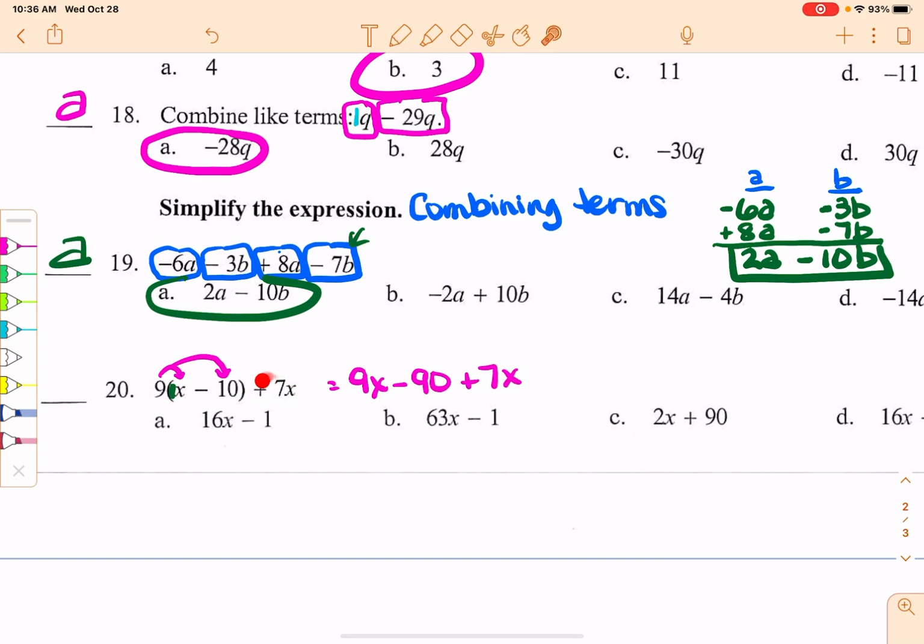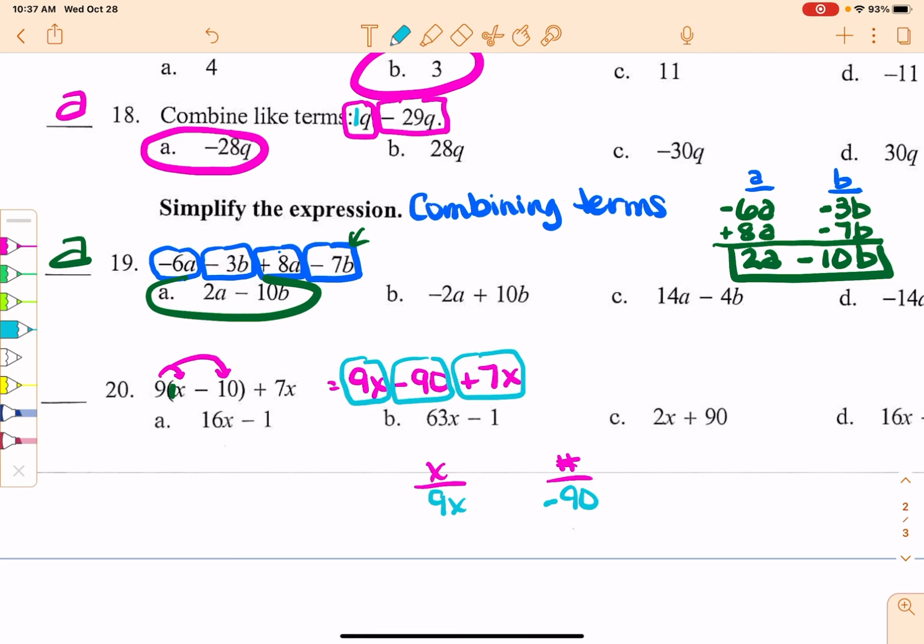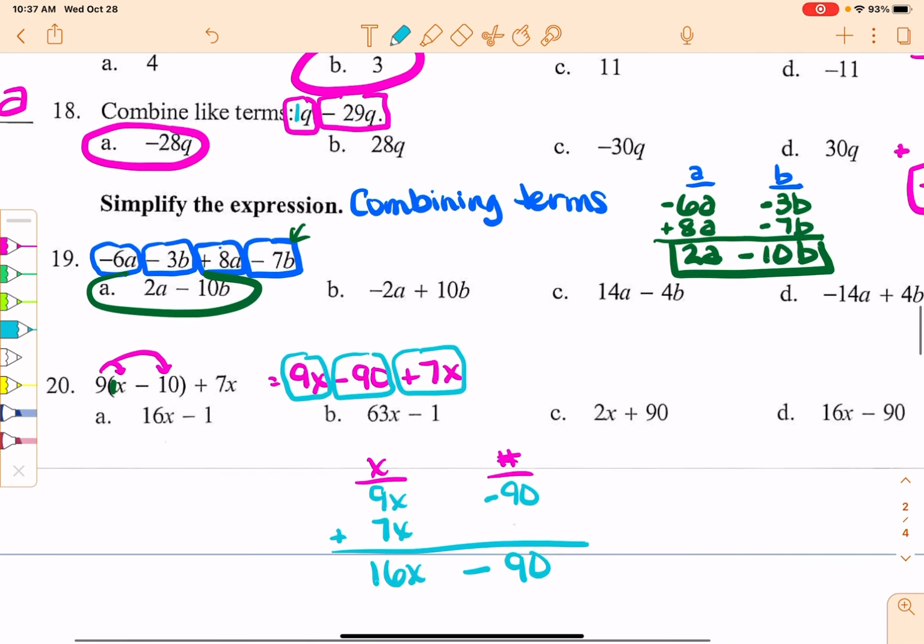This is not part of the parentheses, so don't distribute that. Okay, now I have x's and my numbers. So now I need to get them ready to get sorted. So 9x minus 90, I'm going to make negative 90, and 7x. So it's going to be 16x minus 90, which matches D.